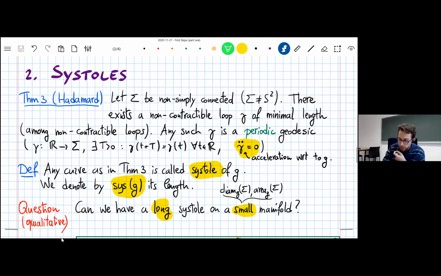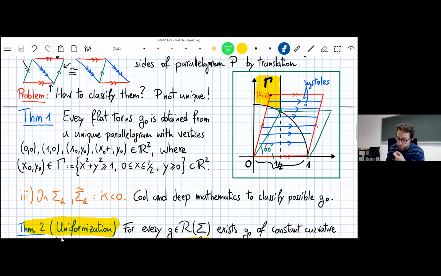And if you see this picture here, it's clear why. This is the parallelogram which has the shortest height, and therefore the smallest area. The area is in the denominator. The systole is always 1 for all these parallelograms.